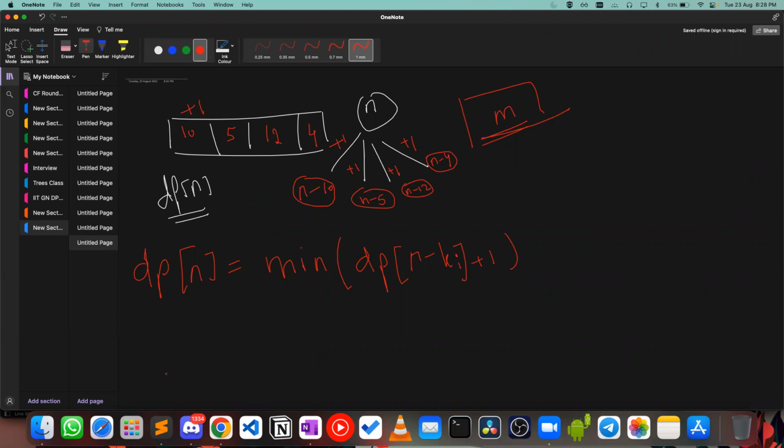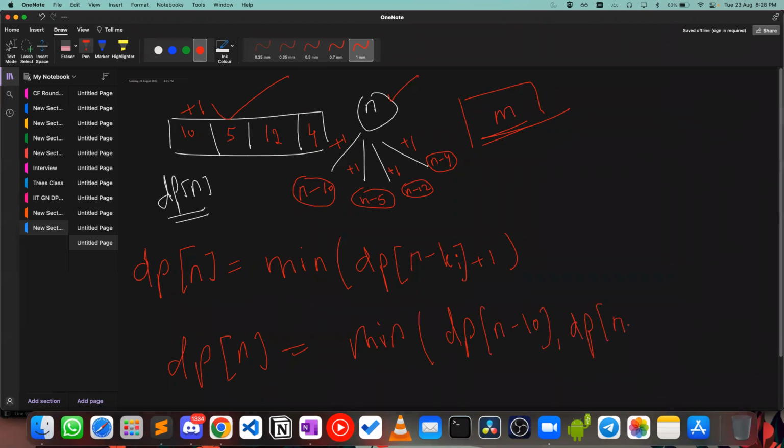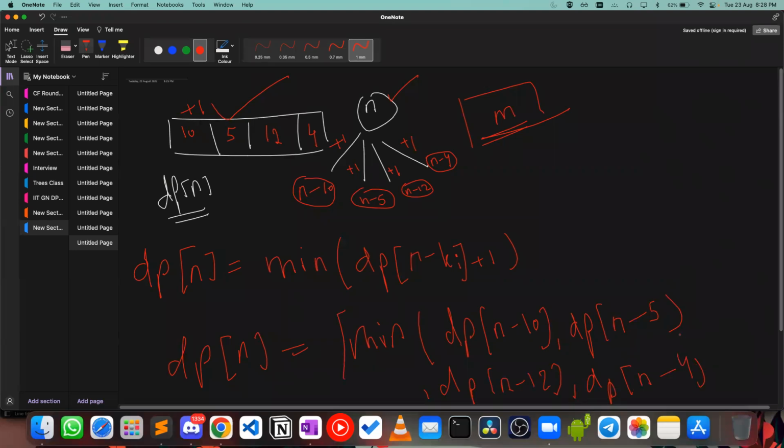Fine. So in this case, when you have to construct dp of n and you have this example, what would you say? You will say minimum of dp of n minus 10, comma, dp of n minus 5, comma, dp of n minus 12, comma, dp of n minus 4. And at the end, what you'll do?